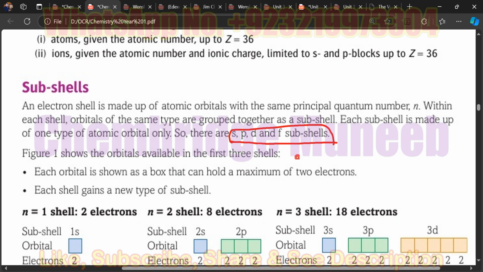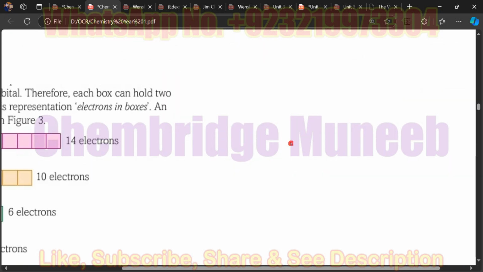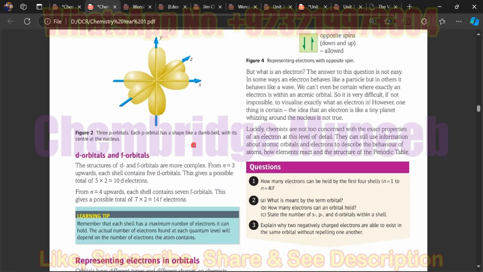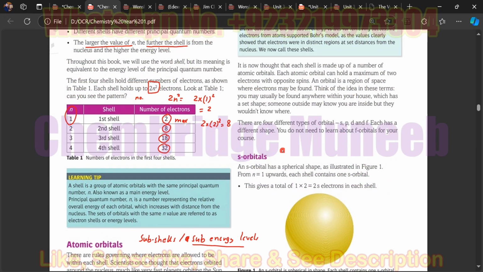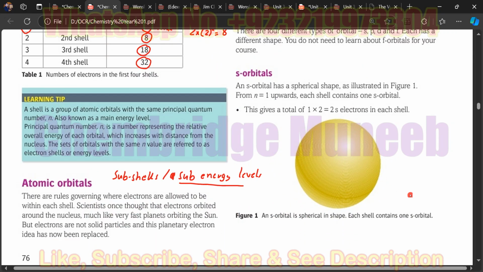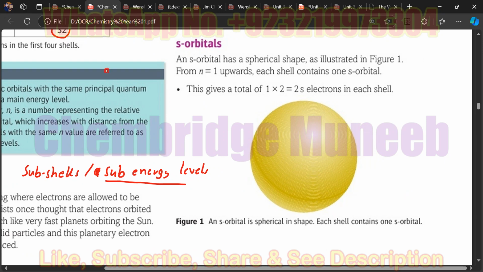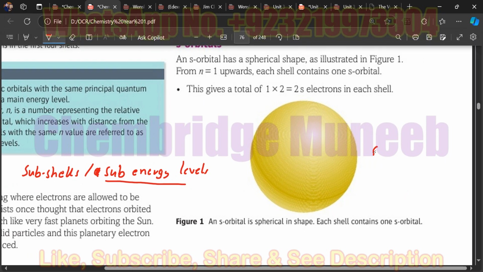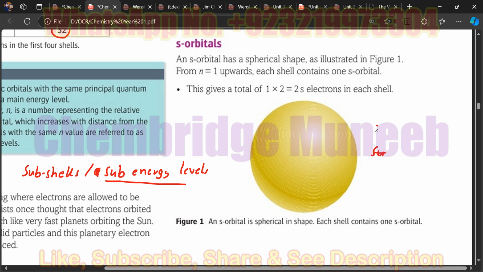Now these subshells have different capacities to hold the electrons and they have different specific shapes. The S, P, D and F subshells each have their own particular shapes. Now we can check these shapes. This is the shape of the S subshell.